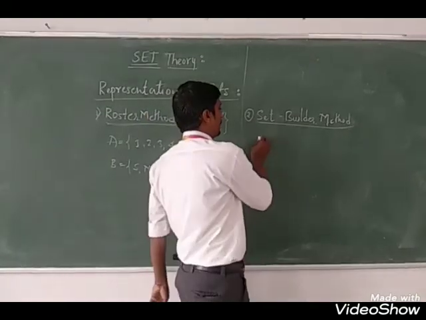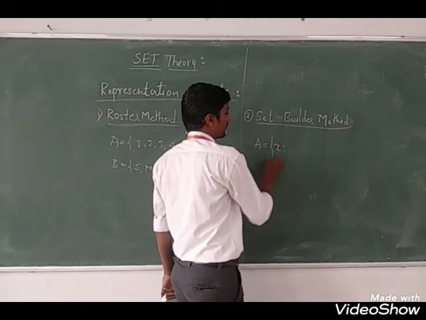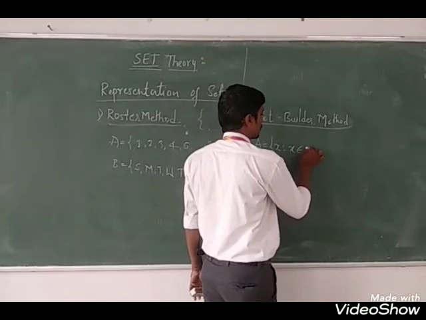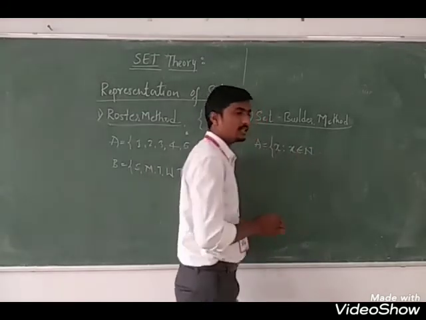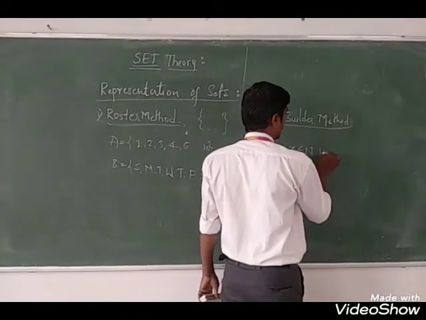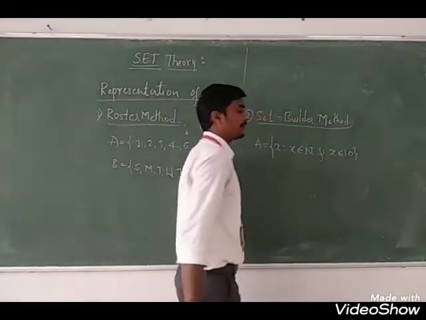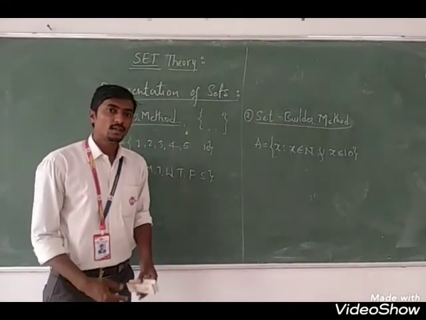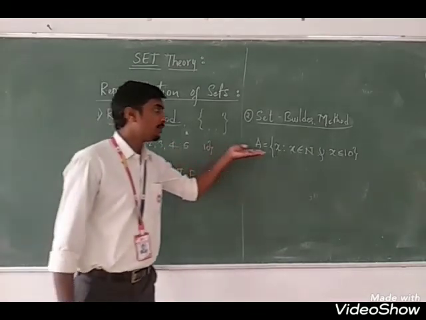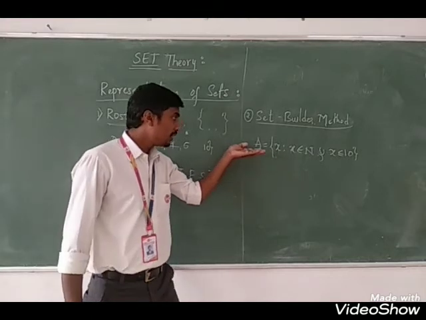For example, set A has an element x, where x is a natural number such that x is less than or equal to 10.